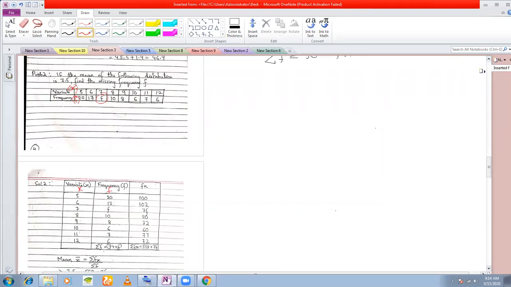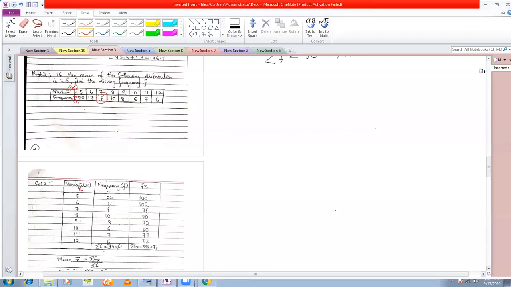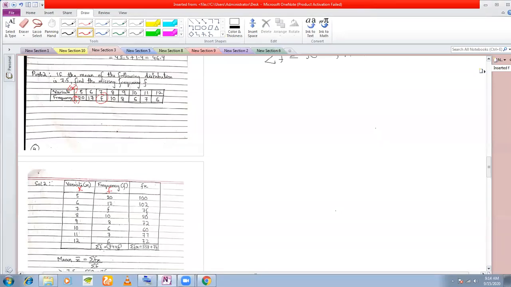Okay. What is this distribution called? Can anyone say what kind of distribution this is called? I have told you earlier also. It is called a simple frequency distribution, or it is also called an ungrouped frequency distribution.